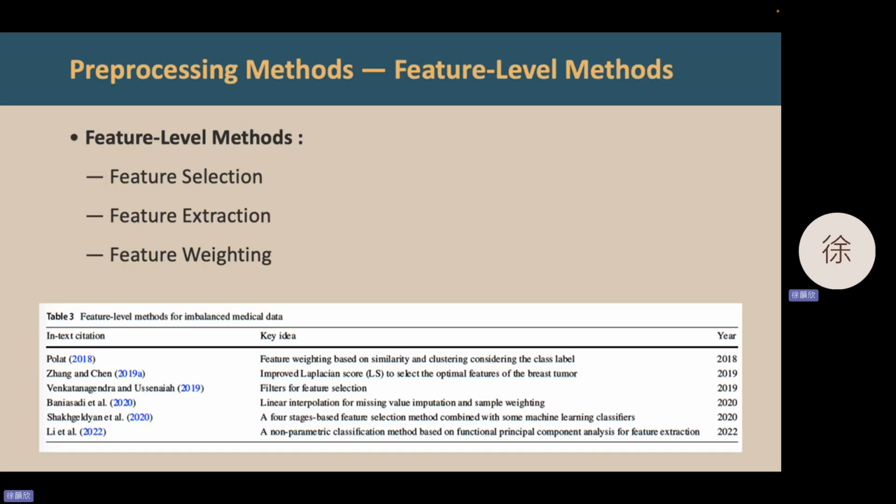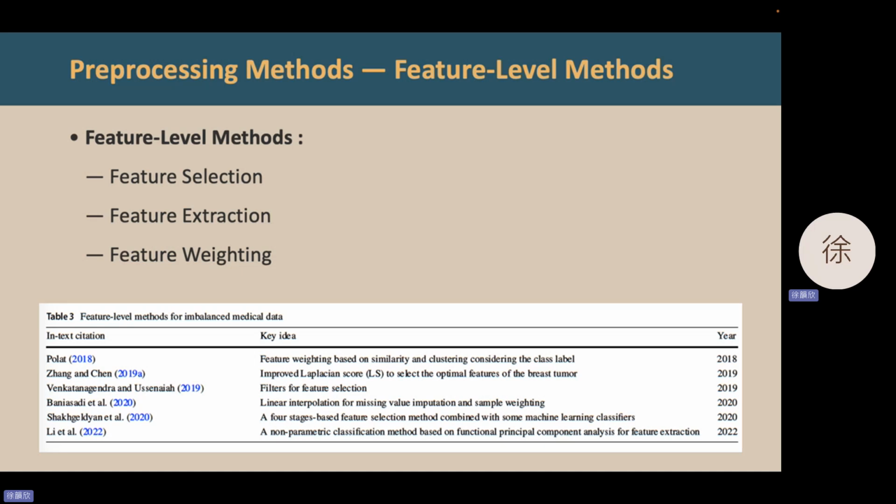So the first one, feature selection. Feature selection can improve the interpretability of the model. Select the most relevant features to reduce data dimensionality. Then feature weighting. The role of feature weighting is to increase the model's sensitivity to important features.